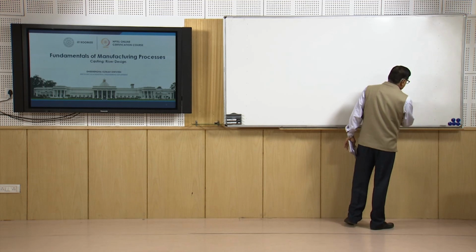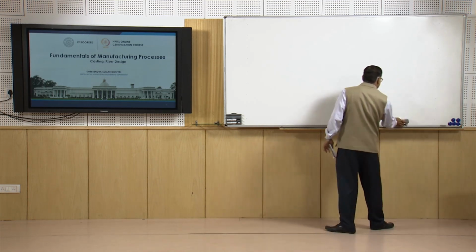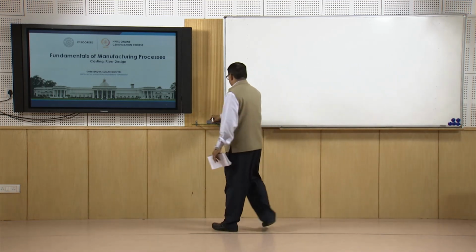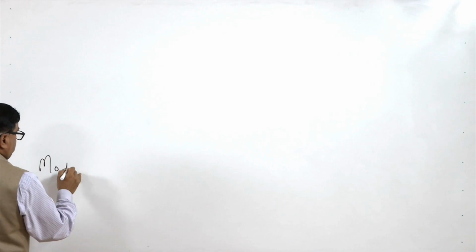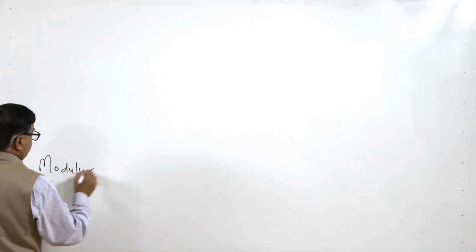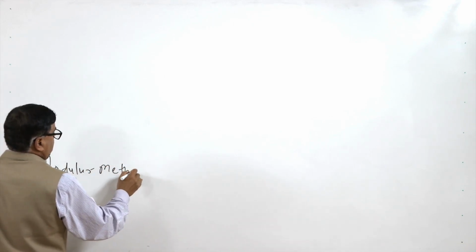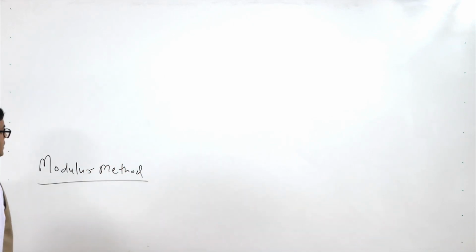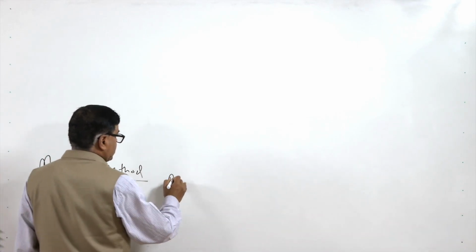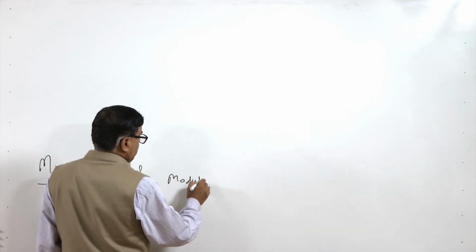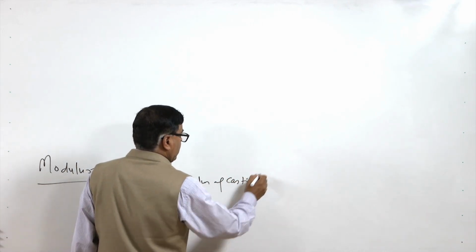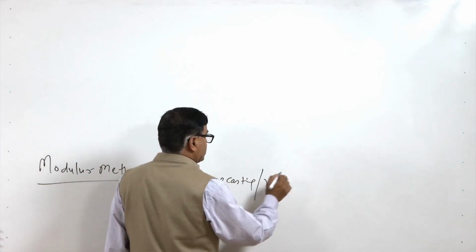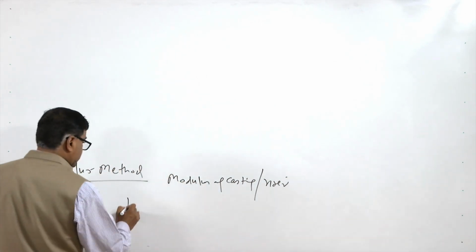There is another method of the riser design, and that is called the modulus method. This method basically determines the modulus of casting and the modulus of the riser. What is the modulus basically?